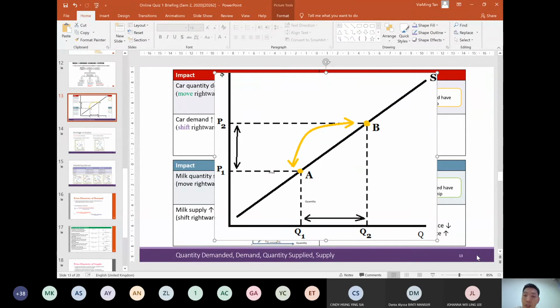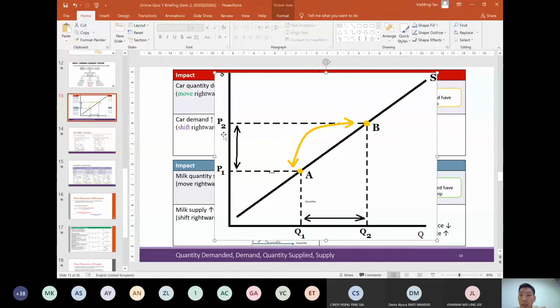So the movement from point A to point B involves a change of quantity supply. And this movement is because of the change of the milk price, increasing from P1 to P2.